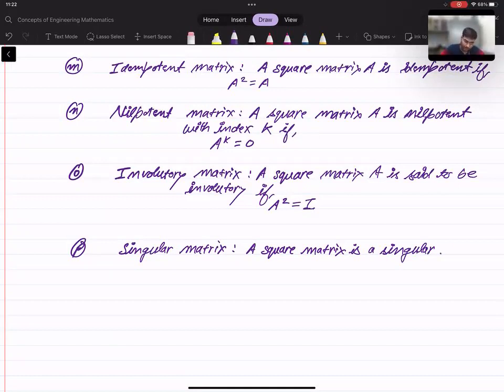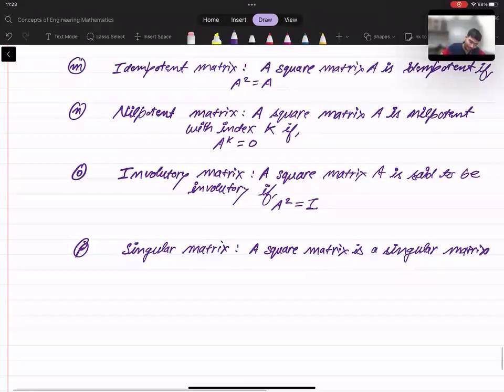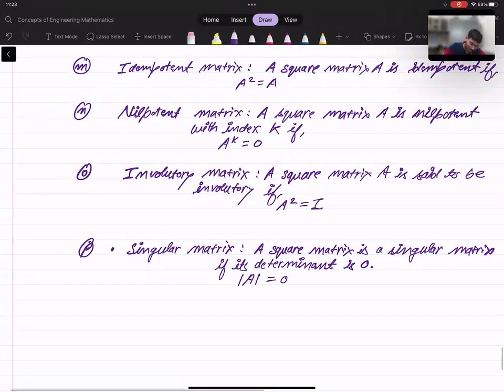So for a singular matrix, the determinant of A is 0. And similarly there will be a non-singular matrix.